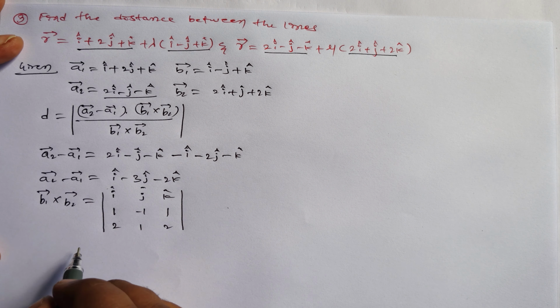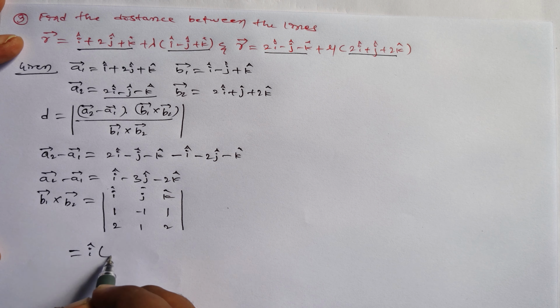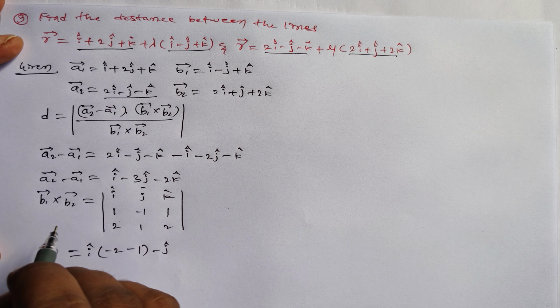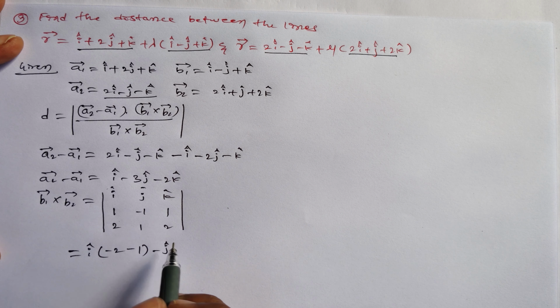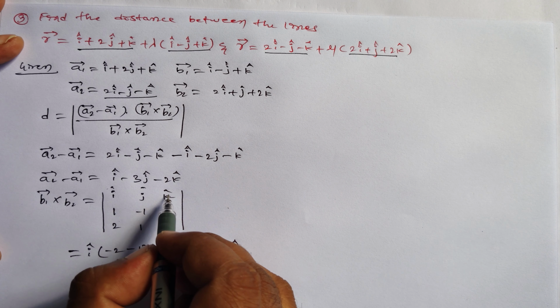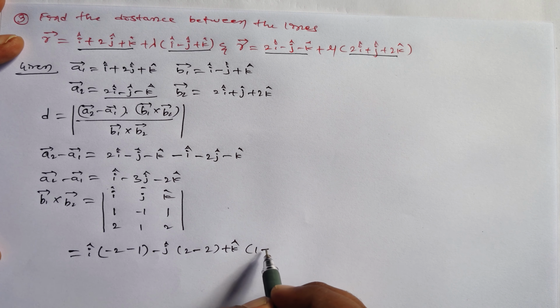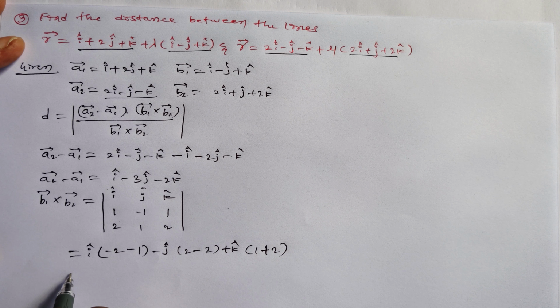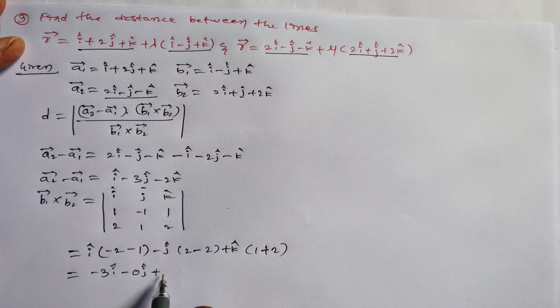That is equal to I into bracket: minus 1 into 2 becomes minus 2, minus 1, minus j: 1 into 2 becomes 2, 2 into 1 becomes 2, plus k cap: 1 into 1 becomes 1, minus 2 into minus 1 becomes plus 2. That is equal to minus 2 minus 1 becomes minus 3I cap, and here 0j cap, and this one is plus 3k cap. Okay, so that is b1 cross b2.